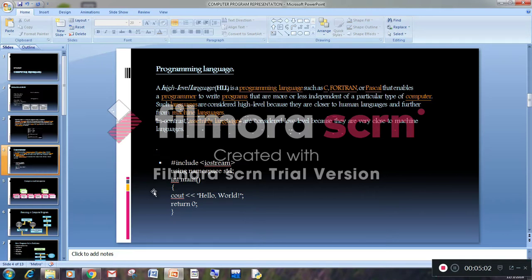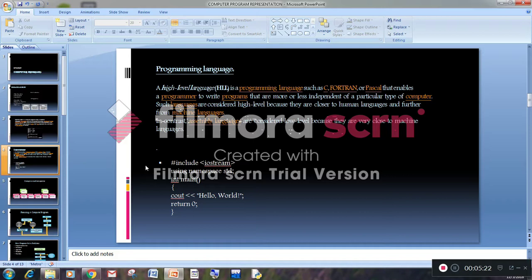Here is a code you can see that is written in a high-level language, in which we are going to print hello world. It includes the library. Then in the main function we are going to display hello world on the screen.